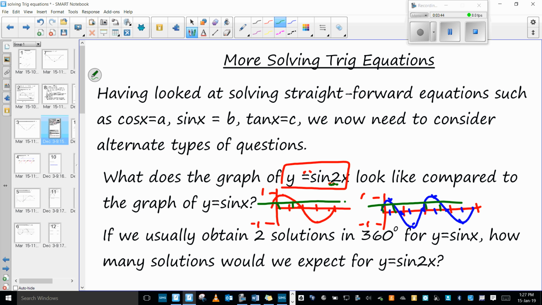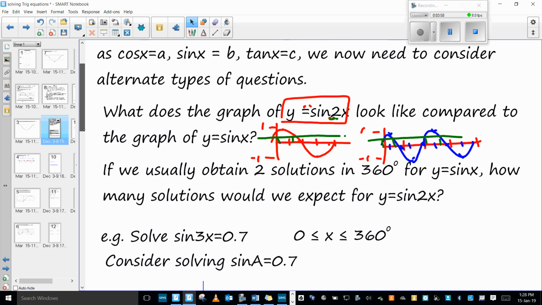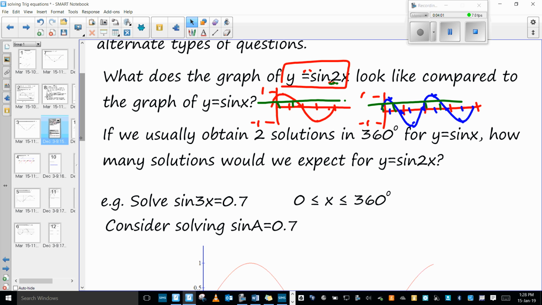We're going to start each question in a very similar way to the others. If we usually obtain 2 solutions for 360, how many would we expect for sine 2x? We would have 4 solutions.